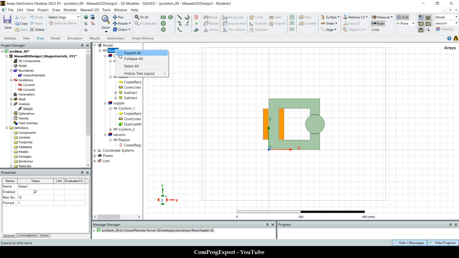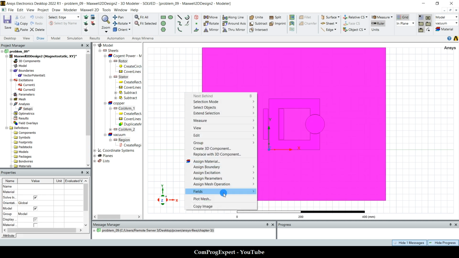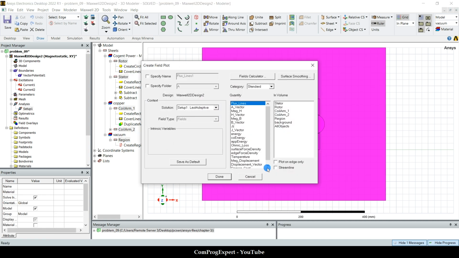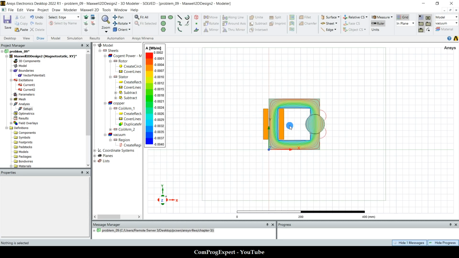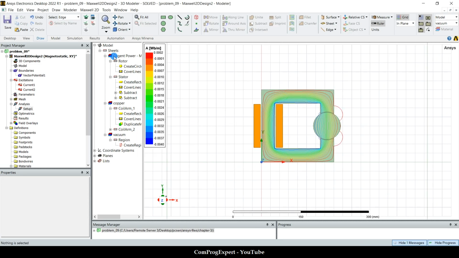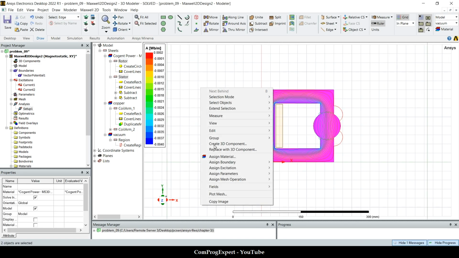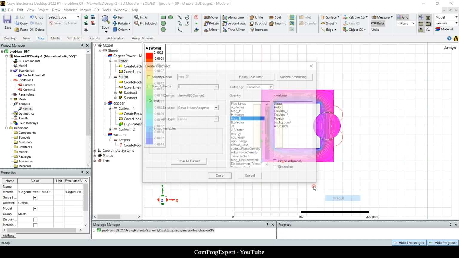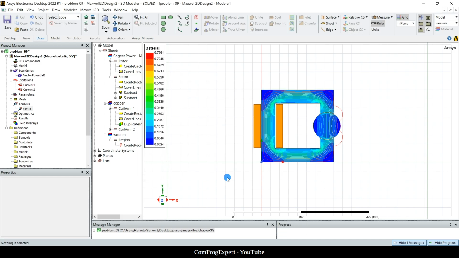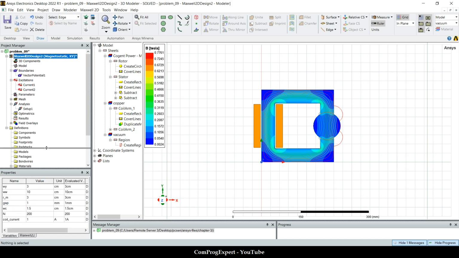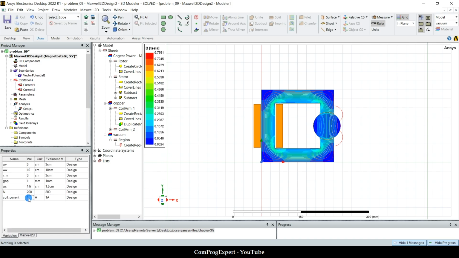So let's select all objects, the flux lines. Okay, you can see the flux lines. Also rotor stator field, plot the flux density level. Let me increase the value of the current to 5.